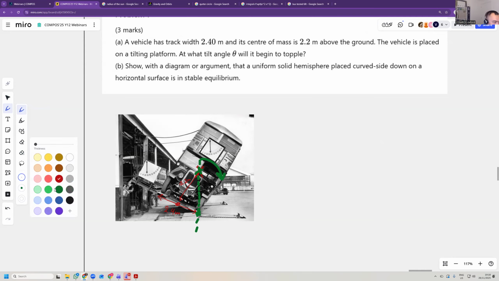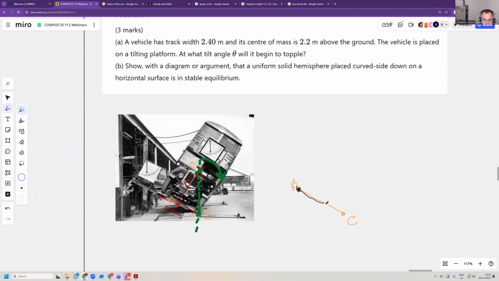Let's label these orange: A, B, and C. And AC must be a vertical line for it to topple over.